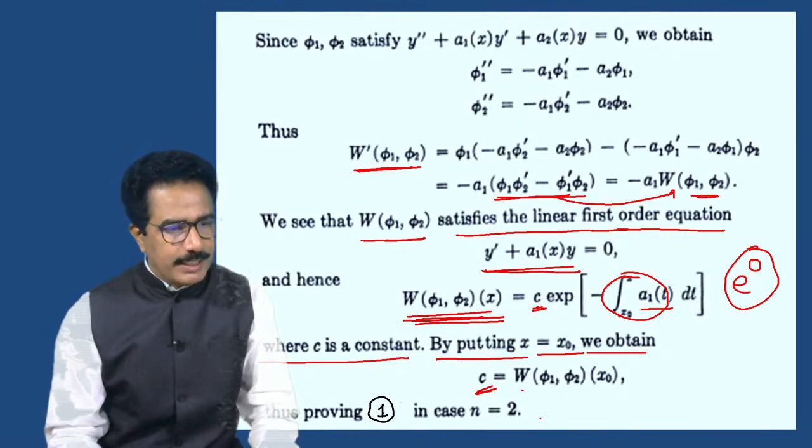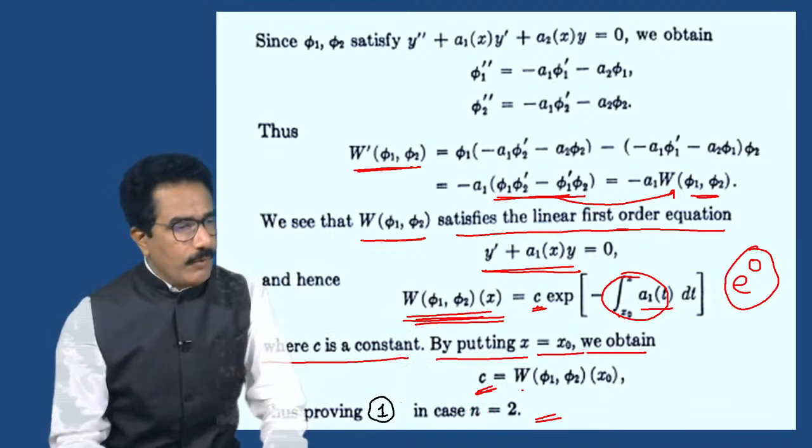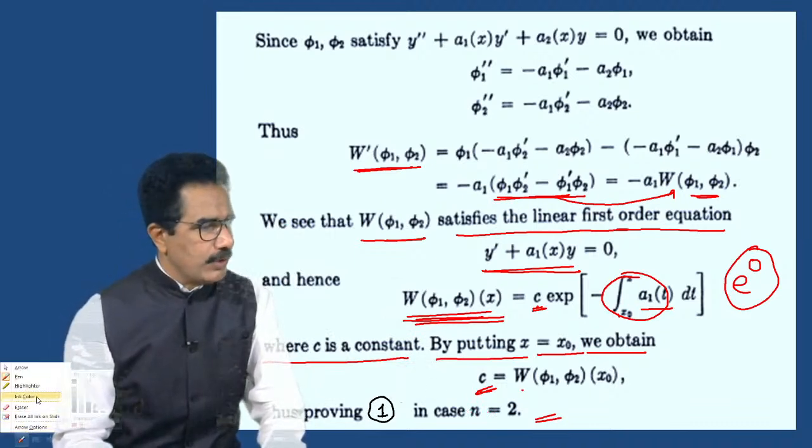Thus we can prove this for n equals 2. How do we get this n equals 2? See this, we have proved this.